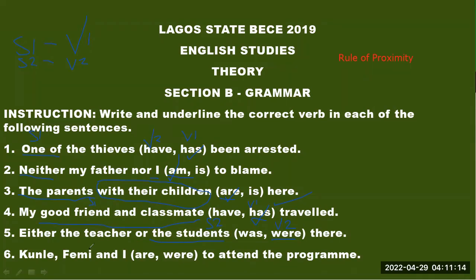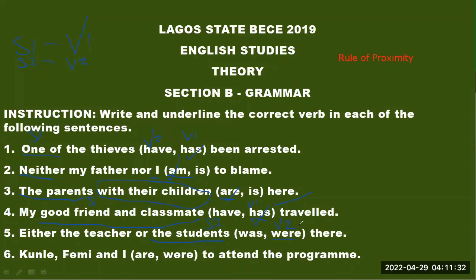And here we are dealing with the subject-verb concord, subject-verb agreement. The subject must agree with the verb in terms of number. Number here because we have plural subject, and we should have a plural verb.